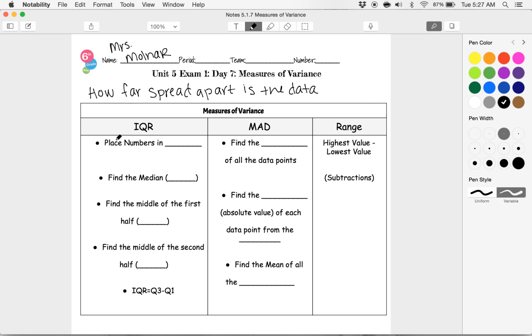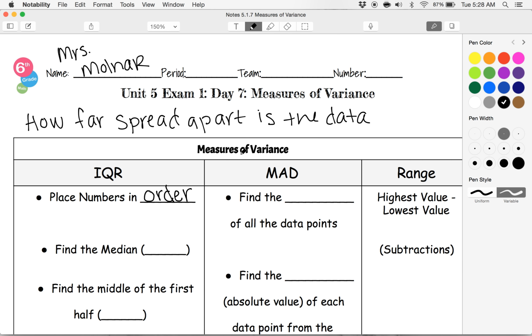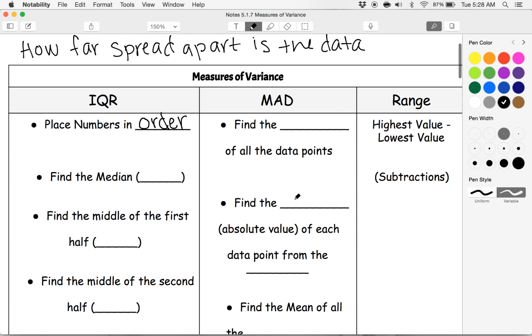So for interquartile range, I need to place the numbers in order. After I place those numbers in order, let's see if I can make this a little bigger. There we go. I have to find the median, which I'm going to call Q2, quartile 2.